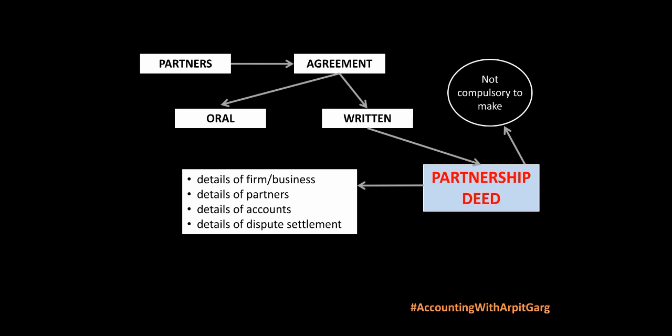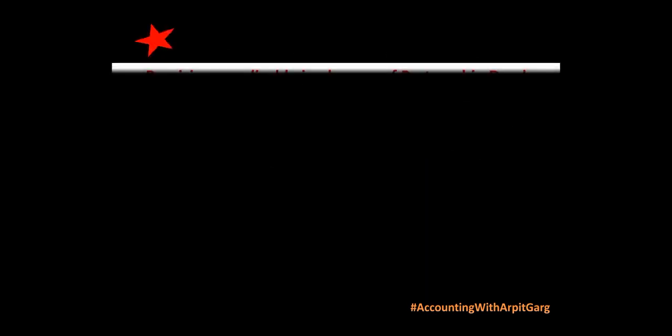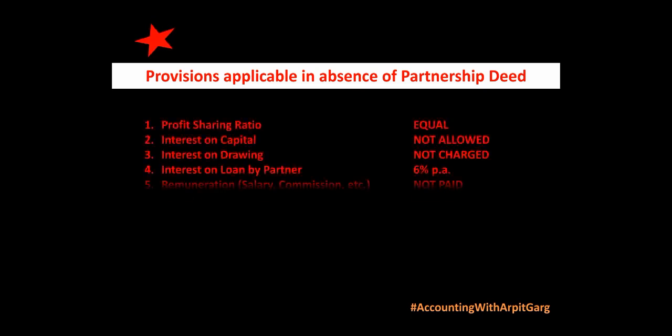Now, a question arises: what if partners haven't made their partnership deed and a dispute arises? So, the Act has specified some points which are to be followed whenever the partnership deed is absent or silent. These points are: first, the profit sharing ratio among the partners will be equal. Partners will not be allowed any interest on their capital contributed.